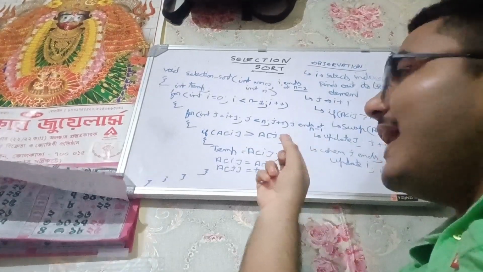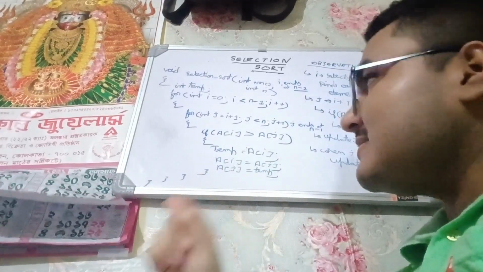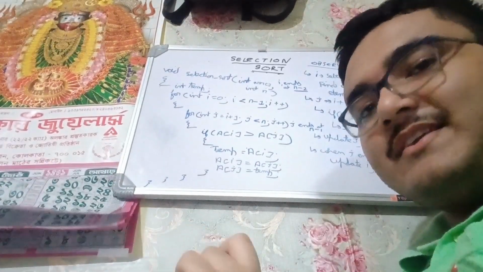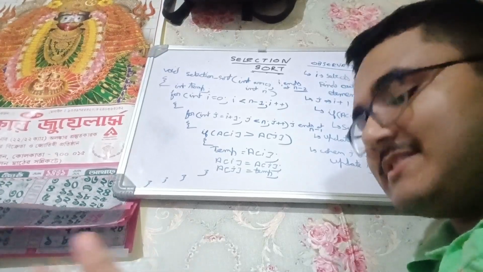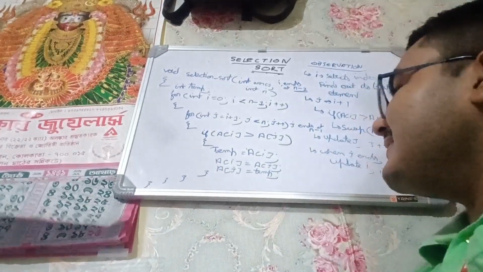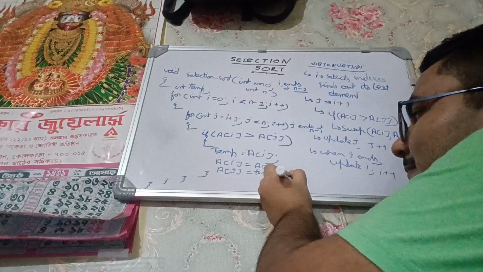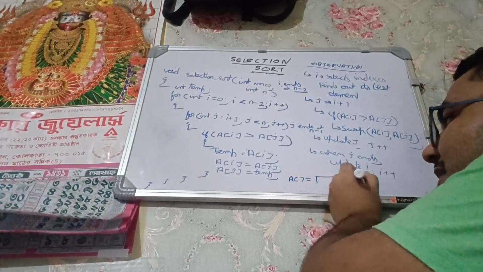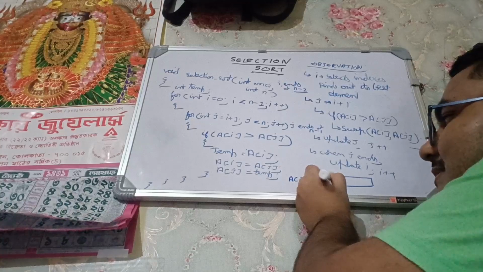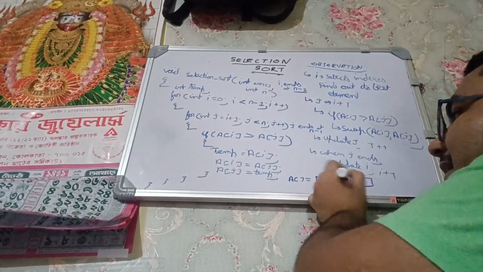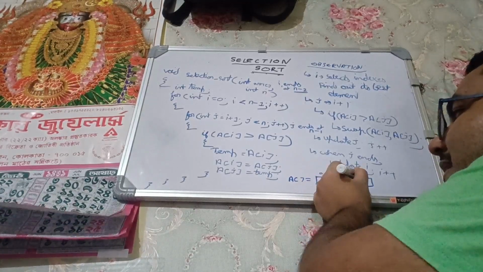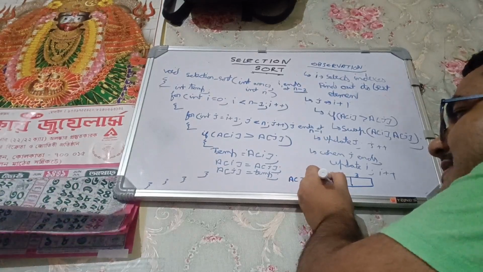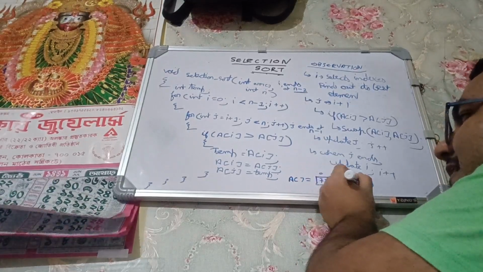At its worst case, when an array is arranged in reverse order, or descending order, say this is our array with 4 elements: 72, 66, 55, 30.